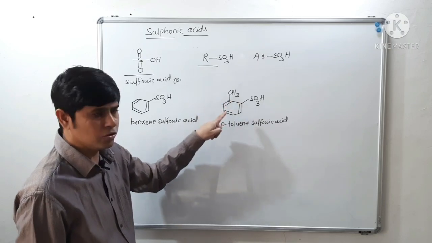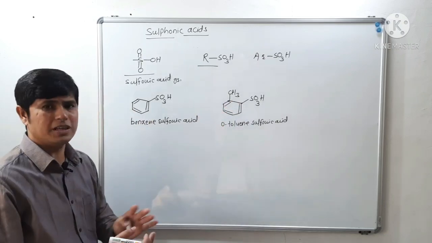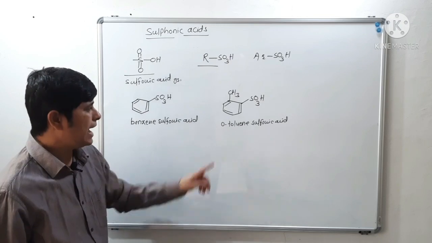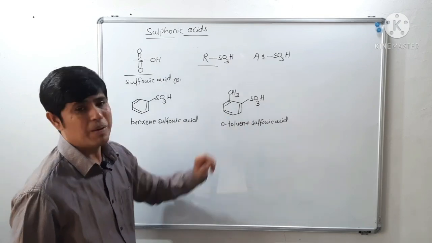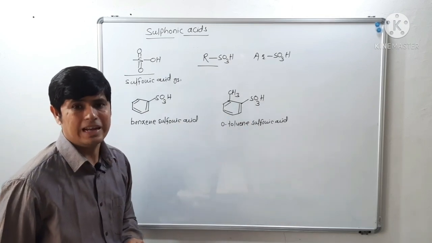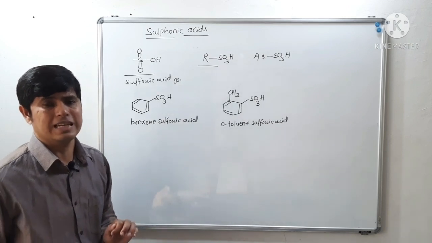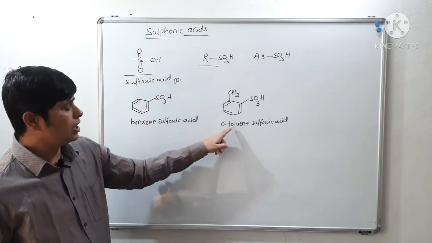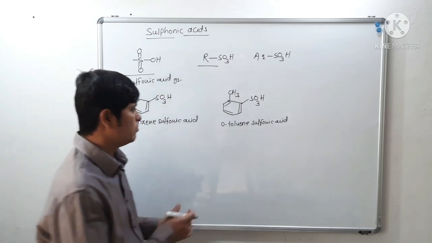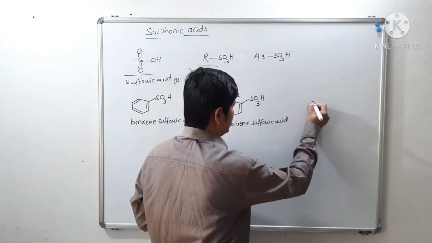Here the toluene group, the benzene group, is a substituent, and sulfonic acid is the parent. Always we have to take sulfonic acid as the parent. So the name of the compound will become ortho toluene sulfonic acid.